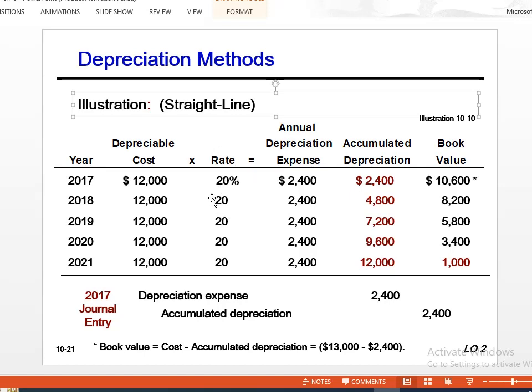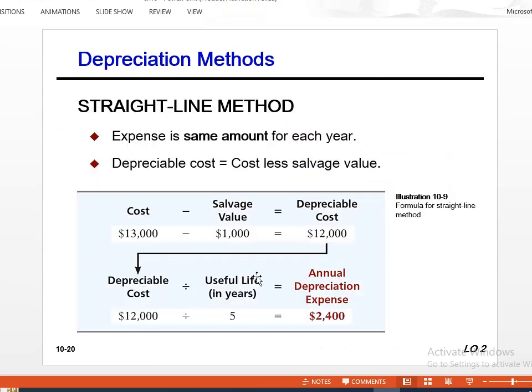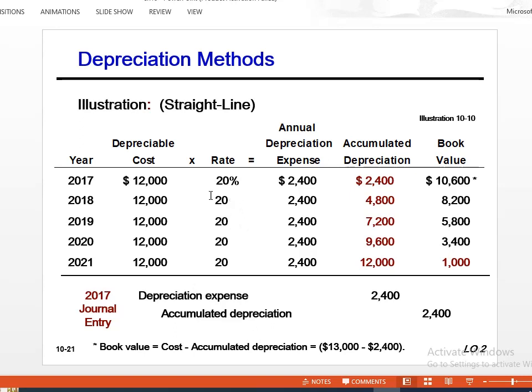So rate is 20% for all the years because it's straight line method. Now annual depreciation. You can use the rate to calculate the annual depreciation. So rate multiplied by depreciable cost, you get annual depreciation. Same answer you will get. Every year depreciation is going to be the same.